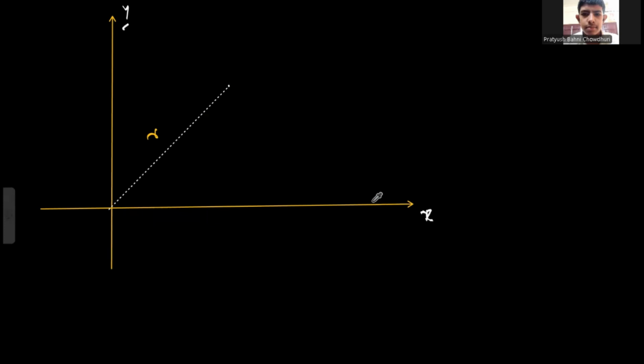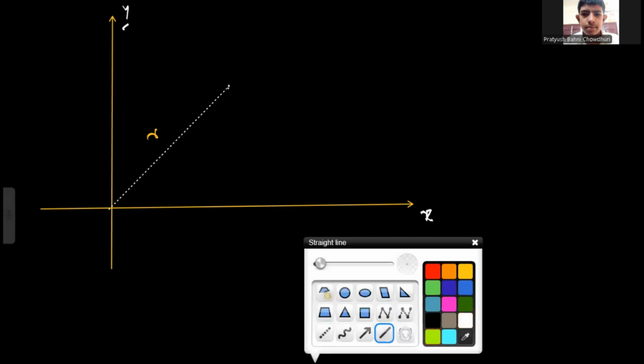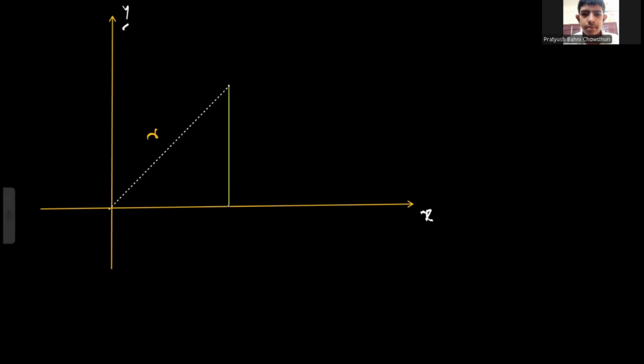I need to change colors. A straight line from here to here. This part is x, this part is y. Now see here, r is root over of x square plus y square. And this is theta.